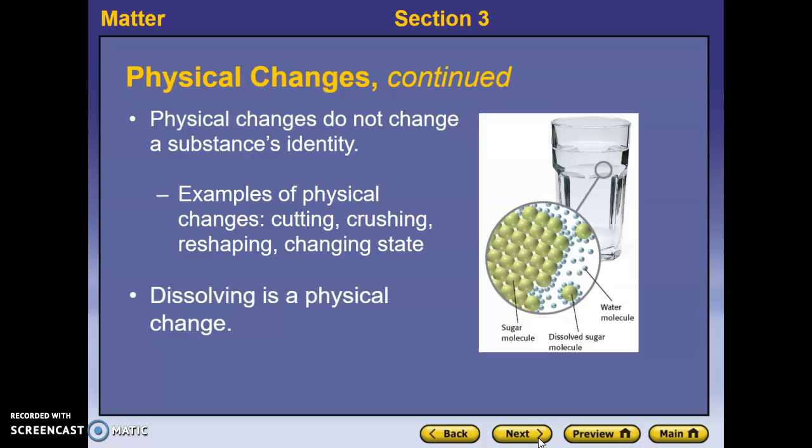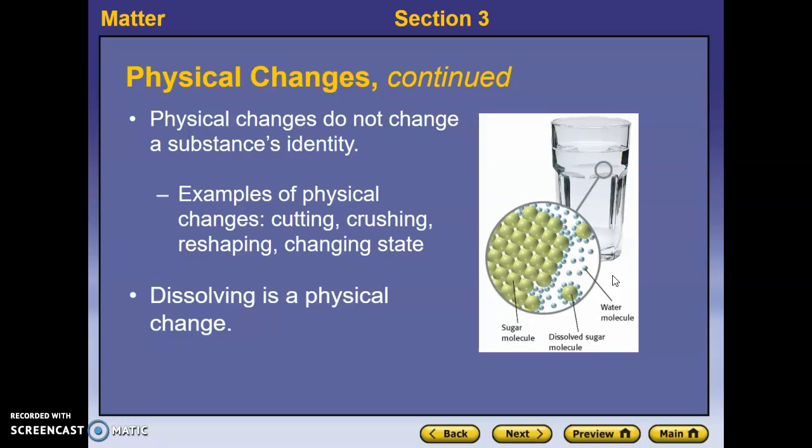So if you look at it in just plain old water, you can see from the picture here that these yellow spheres over here represent a sugar molecule all nicely packed together. And these little tiny blue spheres here represent the water molecules.